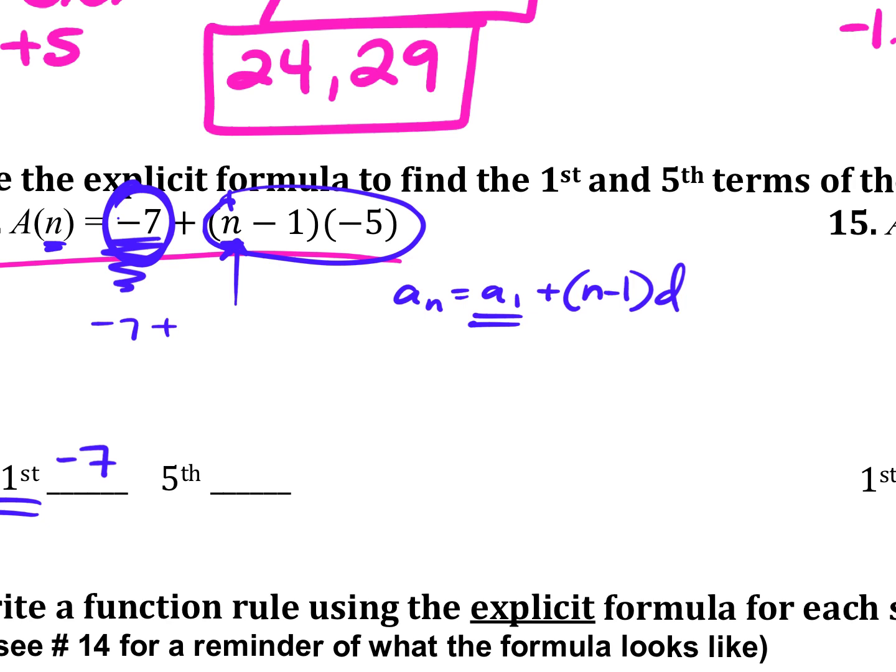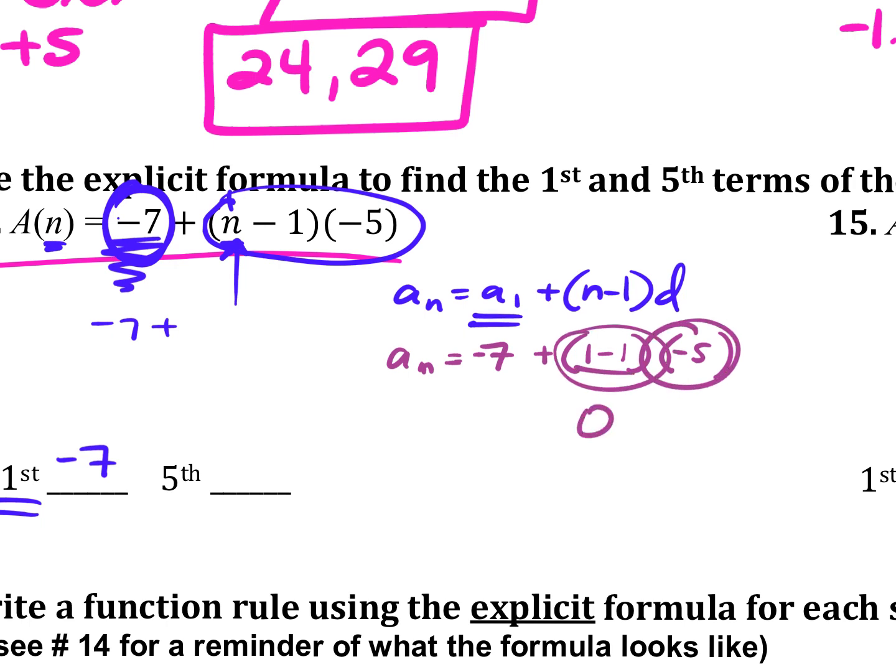Okay, listen. A sub 1 is the first term, negative 7, plus 1 minus 1 times negative 5, right? 1 minus 1 is 0. 0 times negative 5 is 0. So negative 7 plus 0 is negative 7. Okay? All right, then you plug in a fifth term.